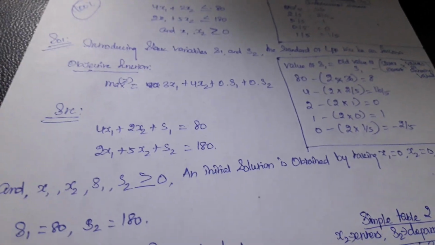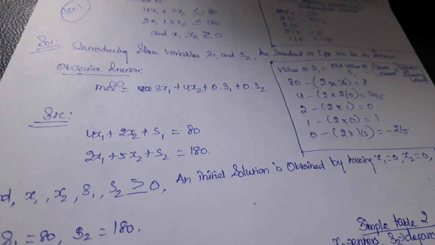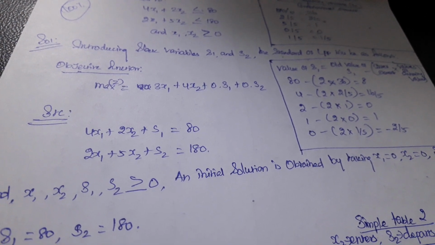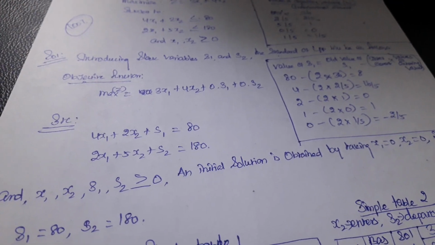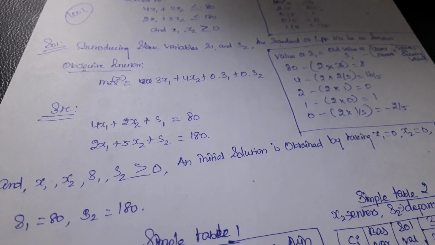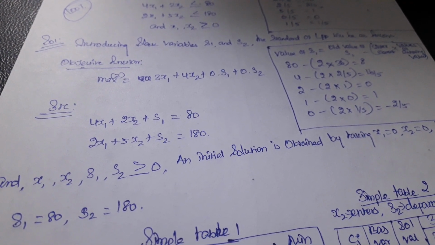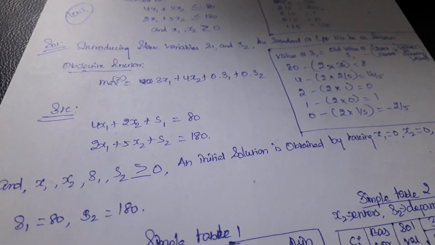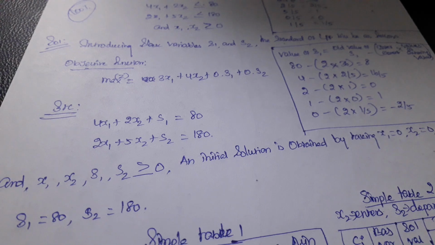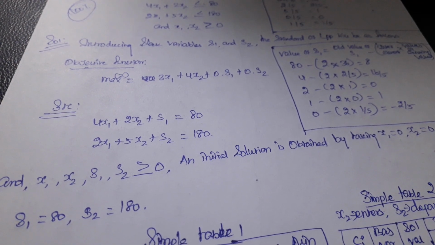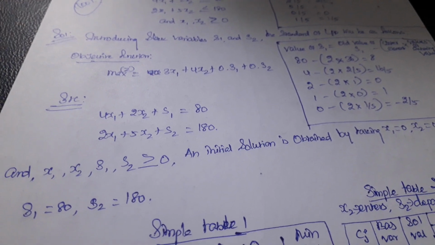Then subject to the constraints: 4x1 plus 2x2 plus S1 equal to 80. So we have to change the inequality to equation. For that purpose we have to add the slack variables. So the equation would be 4x1 plus 2x2 plus S1 equal to 80, as well as the second equation.